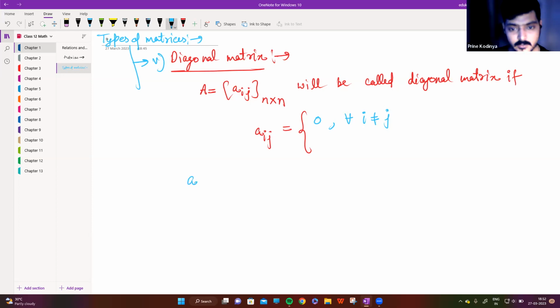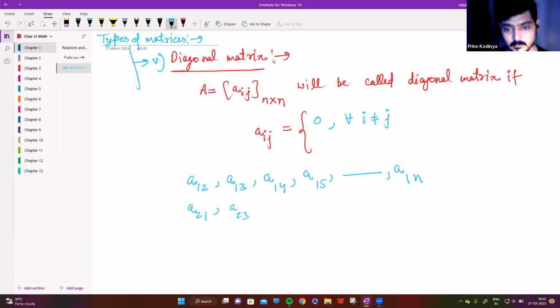Now, when i and j are not equal, the elements will be like this: A12, A13, A14, A15, up to A1n, right? Then A21, A22 we can't take because i and j will be equal.